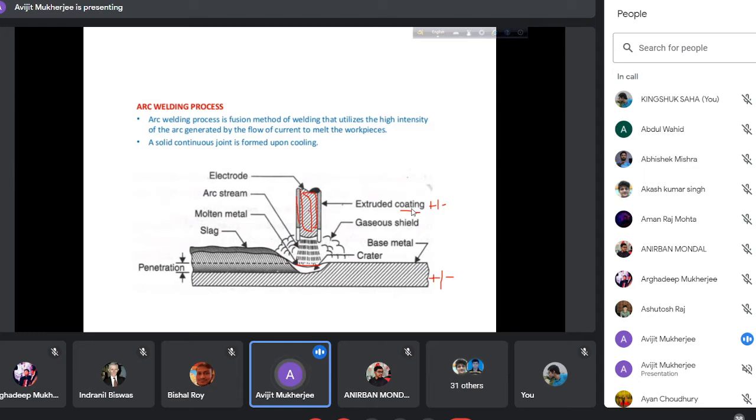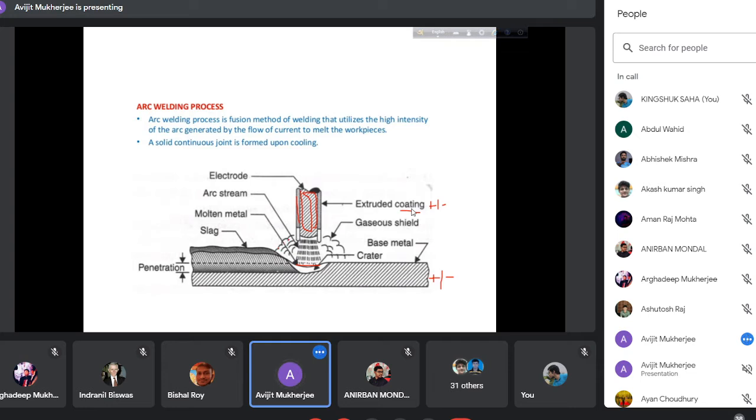The bare wire, which is a metallic rod, will also be melted and deposited in this pool, in this crater. So this is the molten metal deposition.